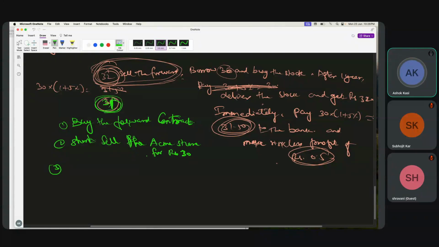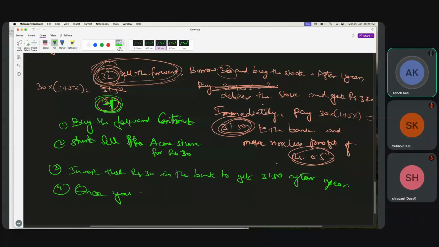So invest that 30 in the bank to get 31.50 after 1 year. So after 1 year, how much will you get? 31.50.